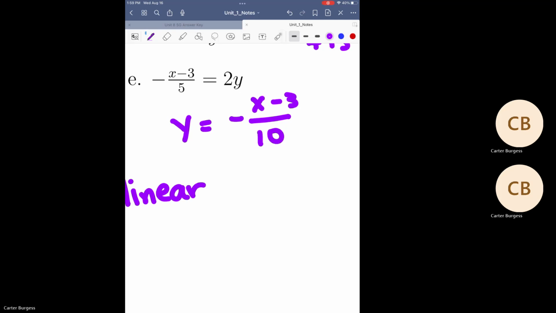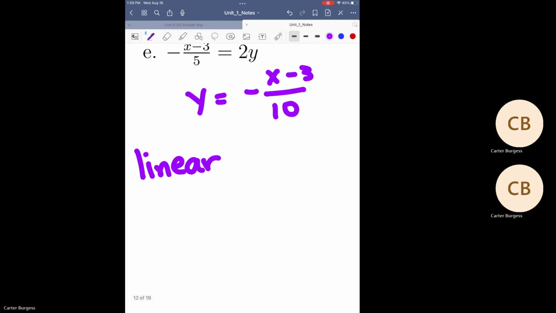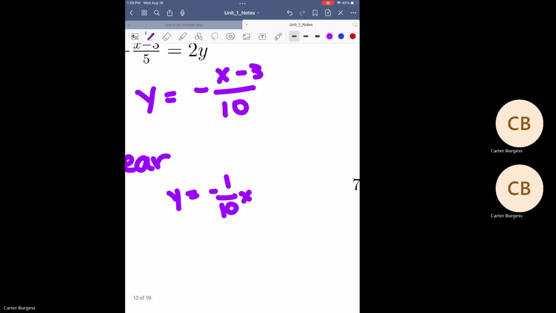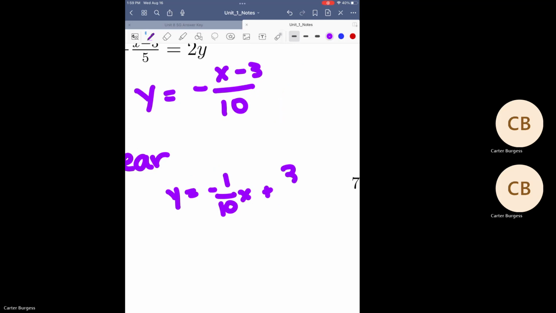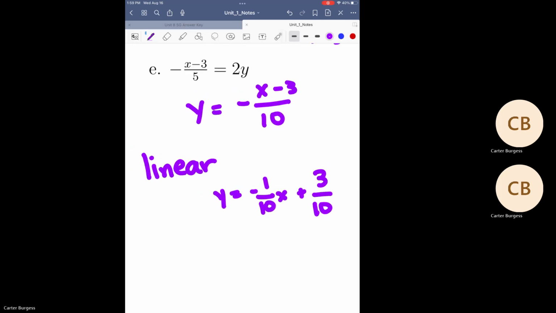So essentially taking that 1 over 10, distributing it through, and what you would get is that y is equal to negative 1/10 x plus 3 over 10. And here we can much more clearly see, yes, we have an m. Yes, we have a b.